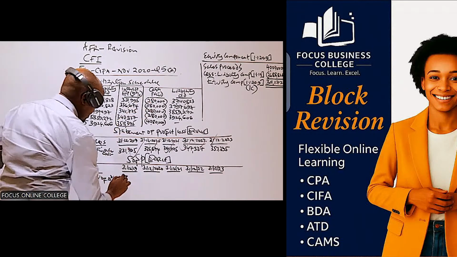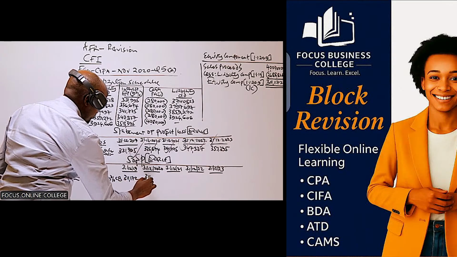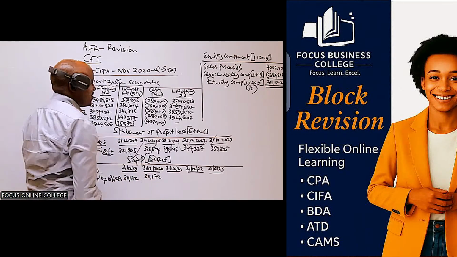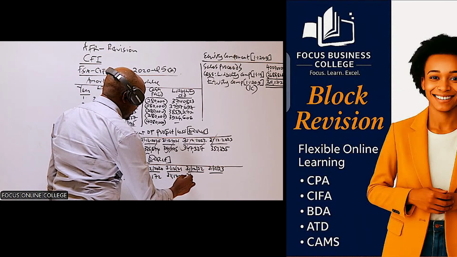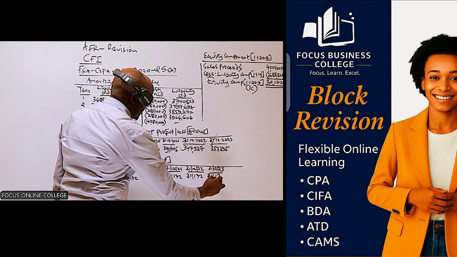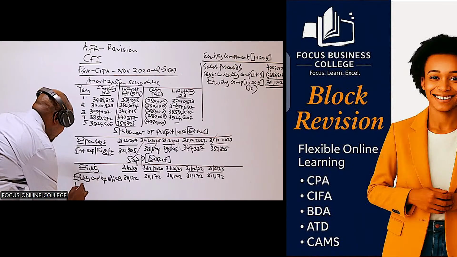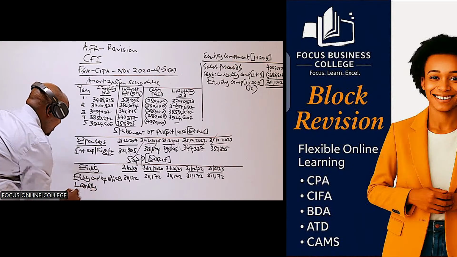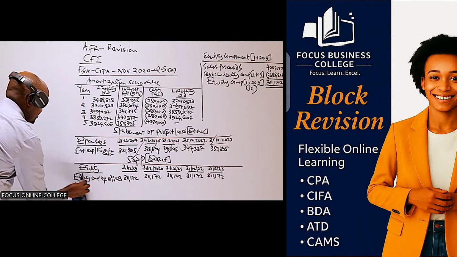So that would be 311,172, and actually that will not change over the period of 5 years. 311,172. And then under the liabilities, or basically under the non-current liabilities.